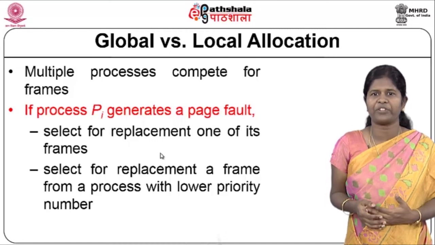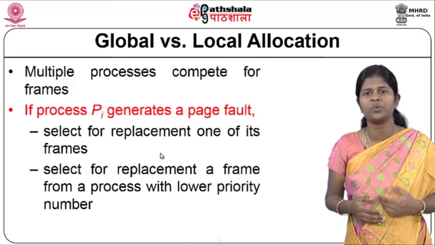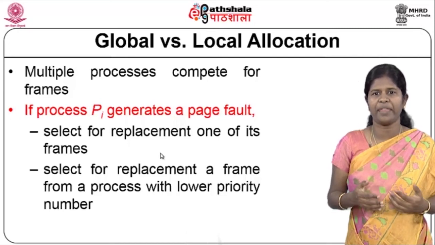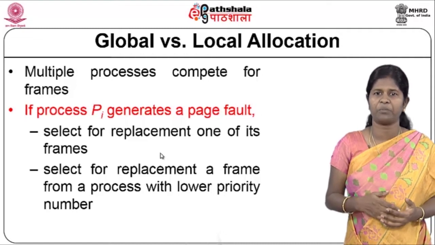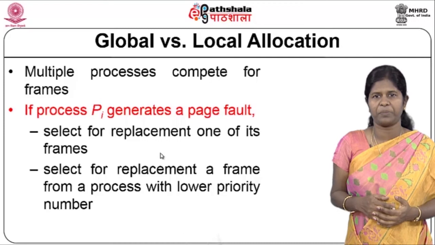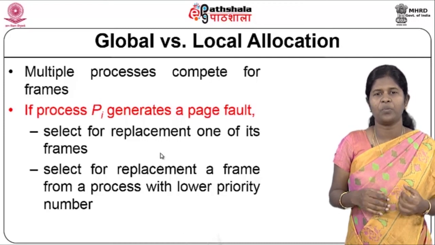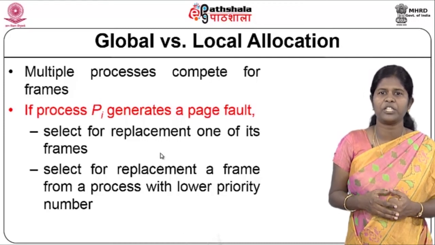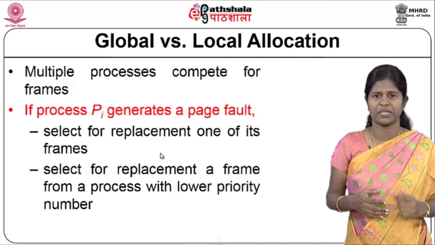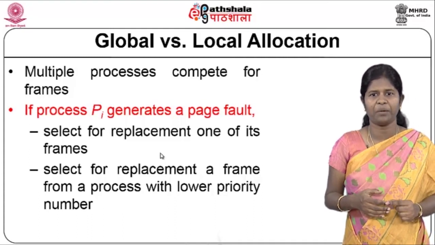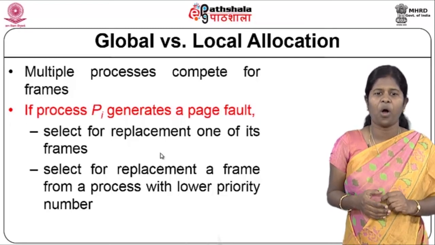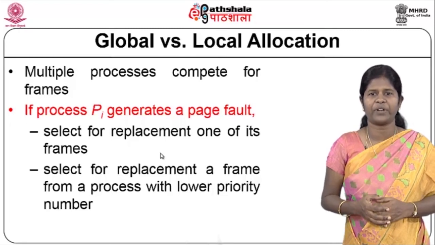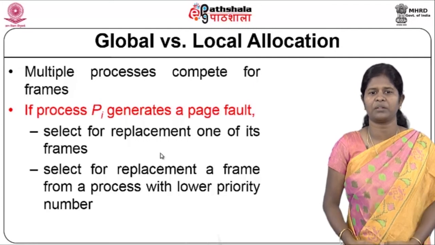Say there is no free frame in the physical memory, then you will choose some victim frame and then you bring the contents of the victim frame outside, and then bring in the required page inside. But now which victim frame will be chosen? Will that victim frame be one frame among the frames that is allocated to this particular process, or will it be a frame that is allocated to some other process?